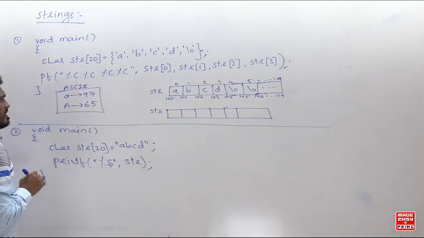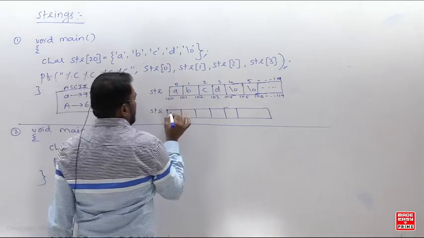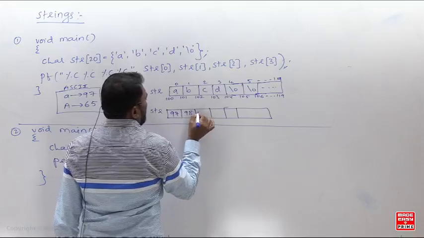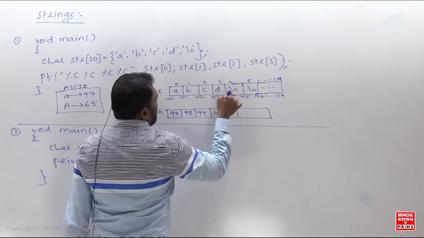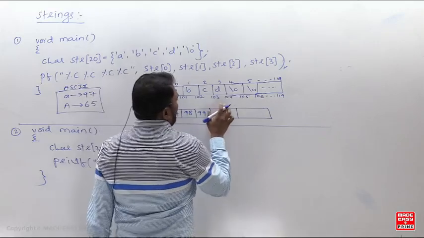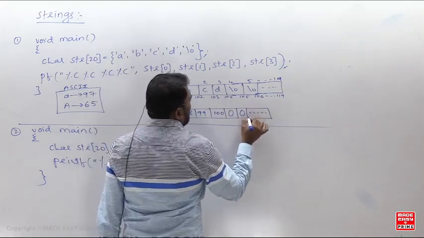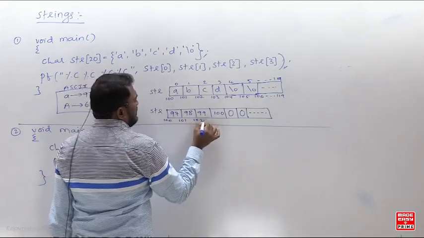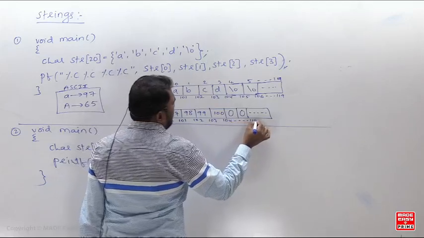So it will be stored as 97, 98, 99, 100. Then backslash 0, the null character, whose ASCII value is 0. So remaining all will be zeros. Same addresses, 100, 101, 102, 103, 104, like this till 119.